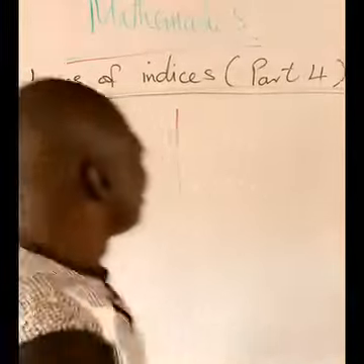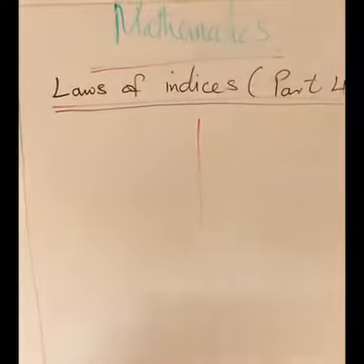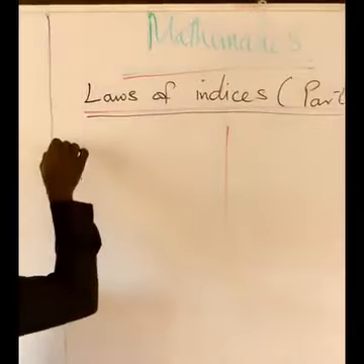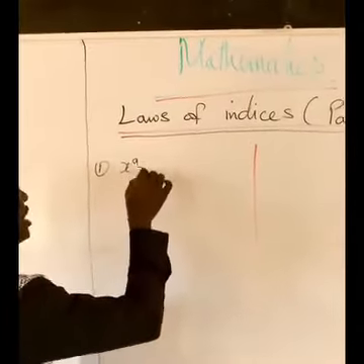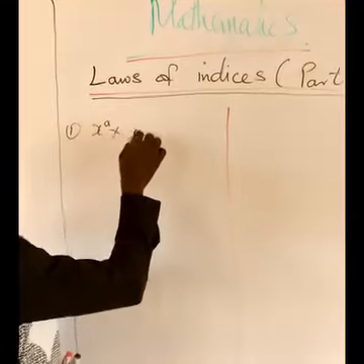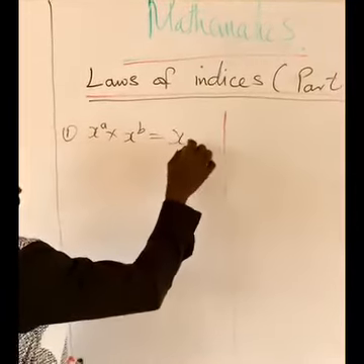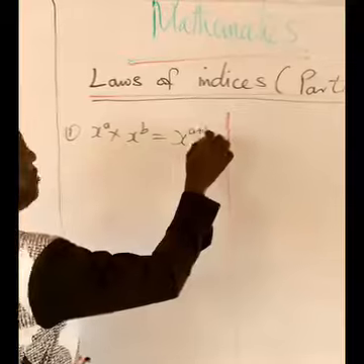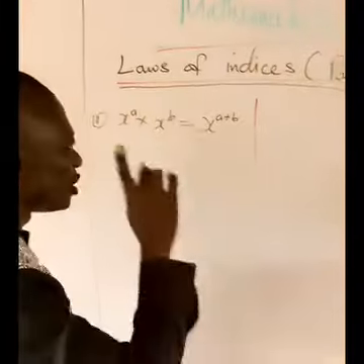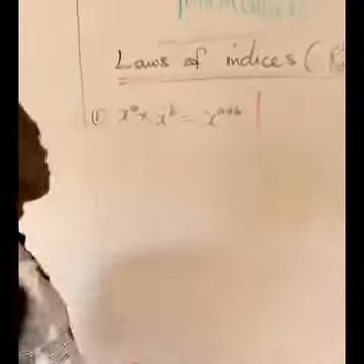Let's see. We look at the laws we have taken so far as law number 1, that x raised to the power a times x raised to the power b is given to be x raised to the power a plus b. I hope you remember this from part 1, part 2, part 3.